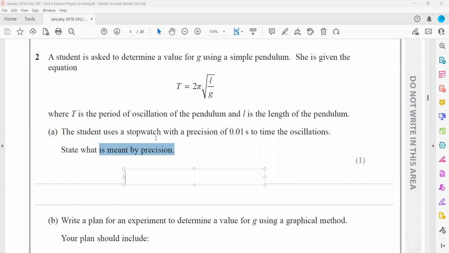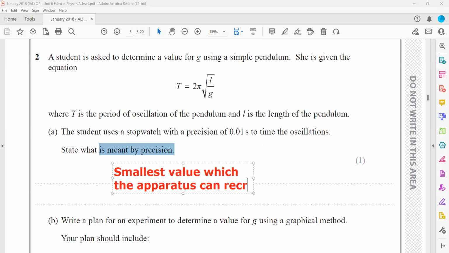As I mentioned, the student uses a stopwatch with a precision of 0.01 second. What is the meaning of that? It means it's the smallest value which the instrument or apparatus can record.